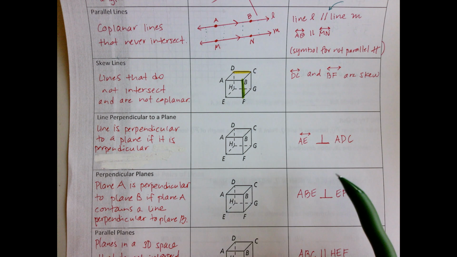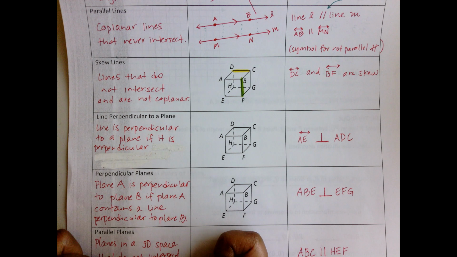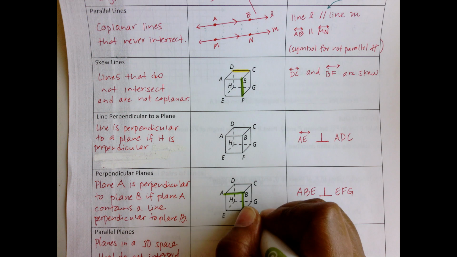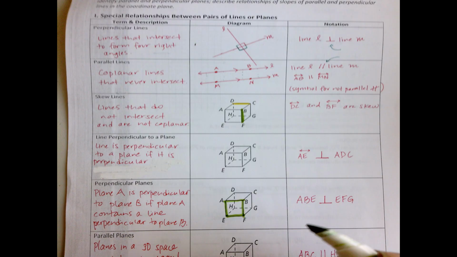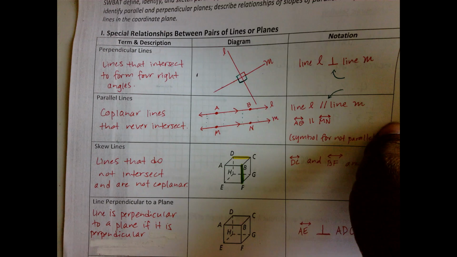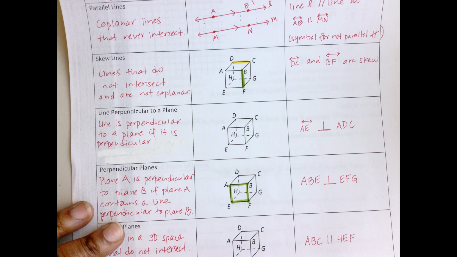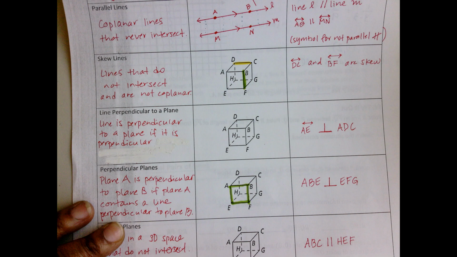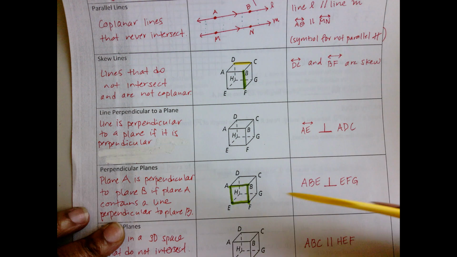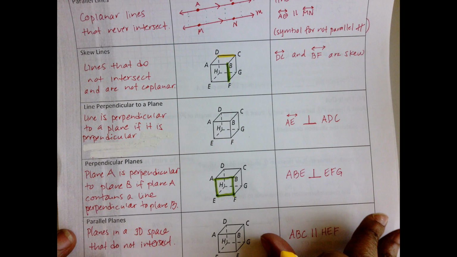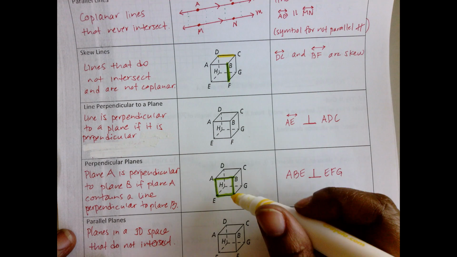For example, plane ABE, which is this plane right here, is perpendicular to plane EFG. EFG, which is right here.